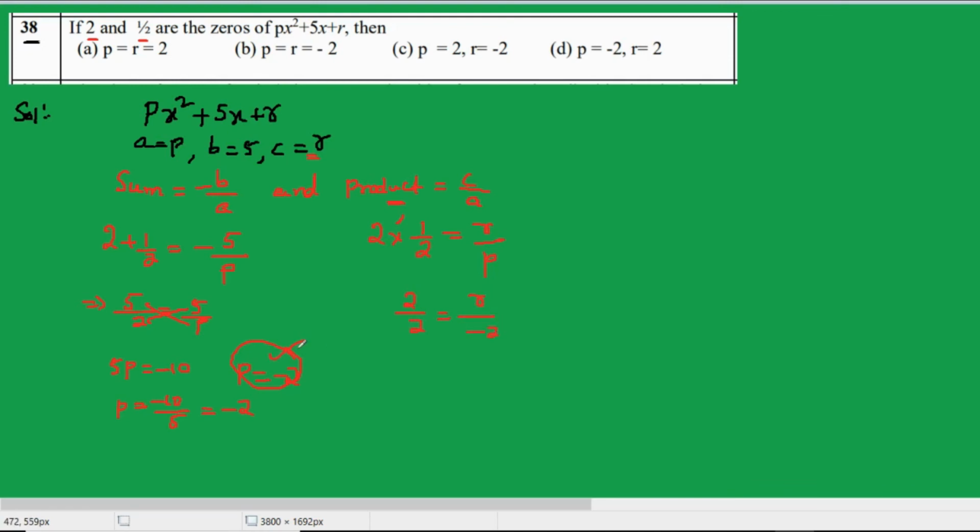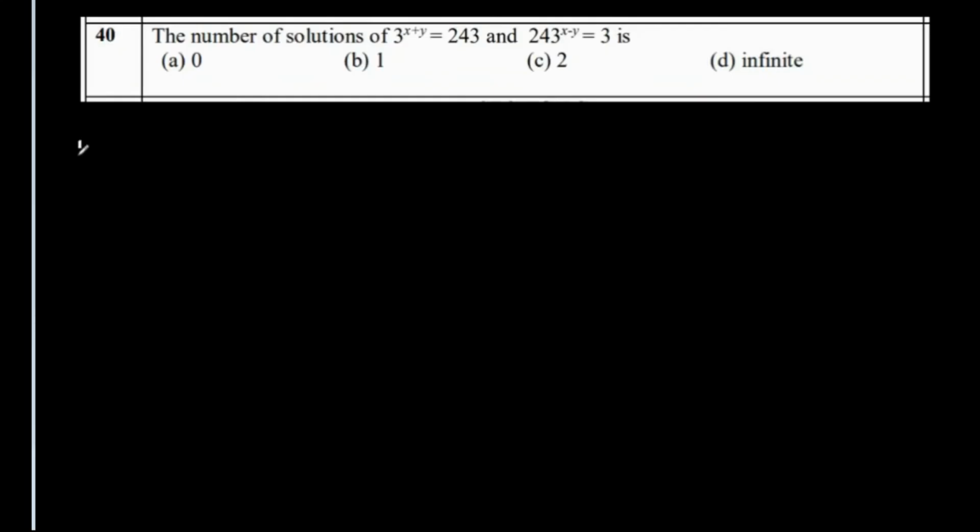We got the p value as minus 2, so the 2 gets cancelled and r is equal to minus 2. So the value of p is minus 2 and r is also minus 2. The correct option for this 38th question is p equal to minus 2 and r equal to minus 2, option B.